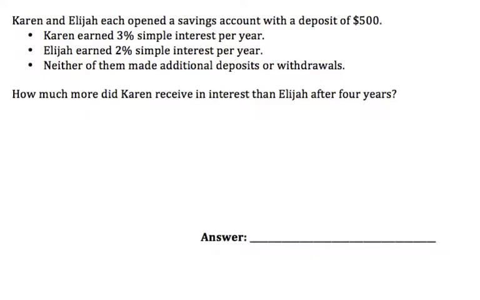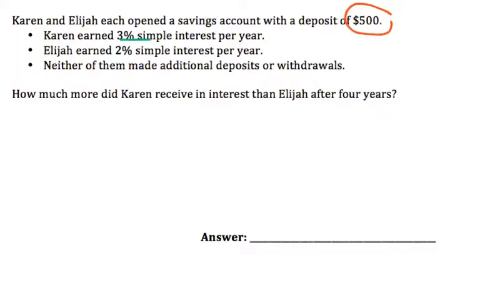Alright, so this problem involves a comparison between Karen and Elijah, who are both investing their money, but they're getting different interest rates. One's getting 3% each year and the other's getting 2% each year. Let's see what it says. Karen and Elijah each opened a savings account with a deposit of $500. So they both put $500 in the bank.